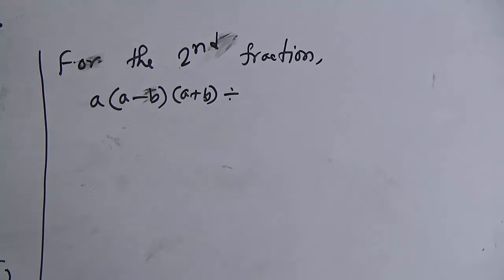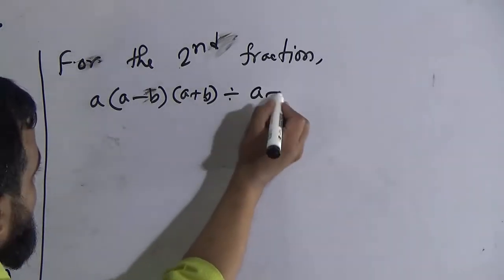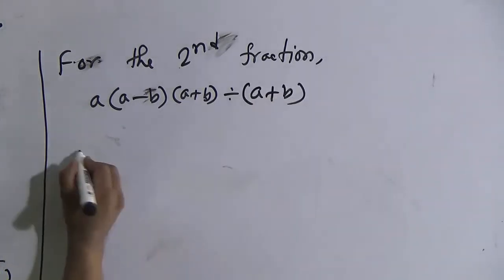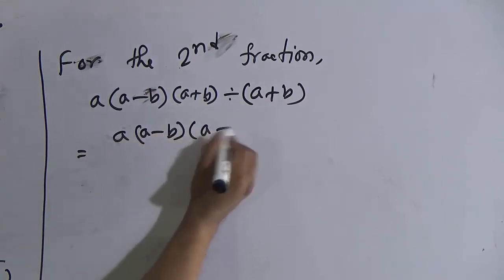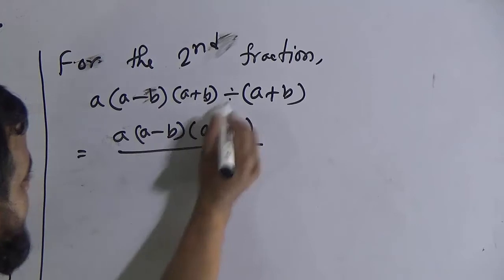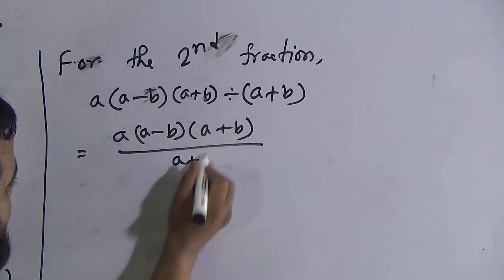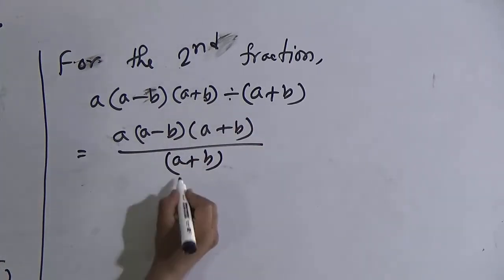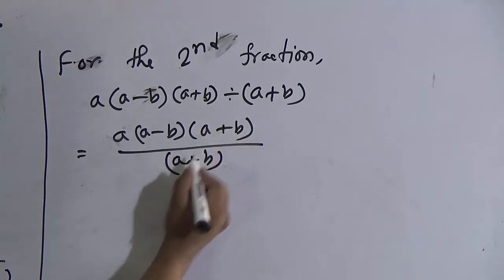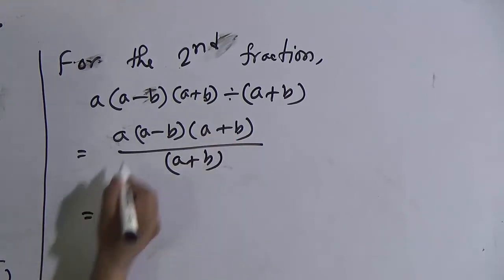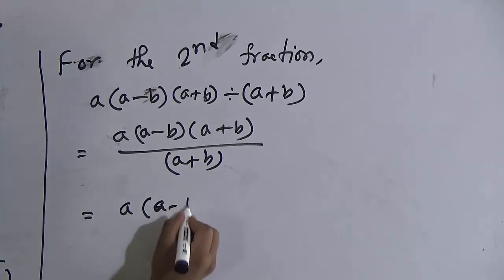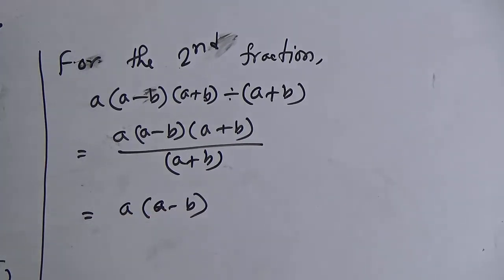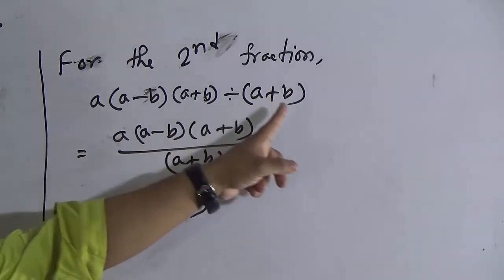The denominator is a plus b, so we divide this by a plus b. We will find, my dear students, a into a minus b into a plus b divided by a plus b. Now we can reduce a plus b from the numerator and denominator. We will have the result a into a minus b. A into a minus b will be our result when we divide the LCM by the second fraction's denominator.